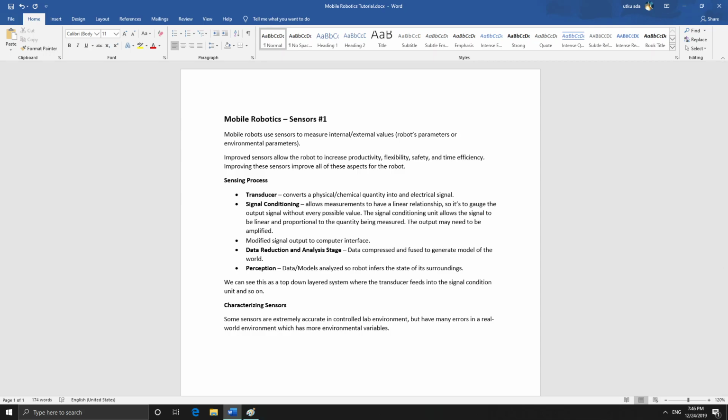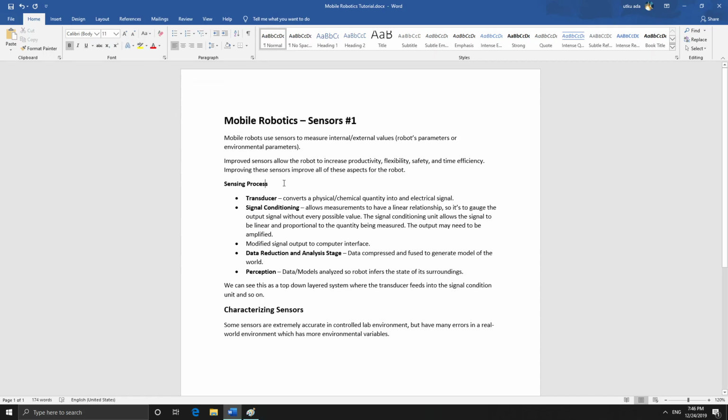So we can characterize these sensors, and let me just make this a bit bigger, because I want things to be nice and clear.